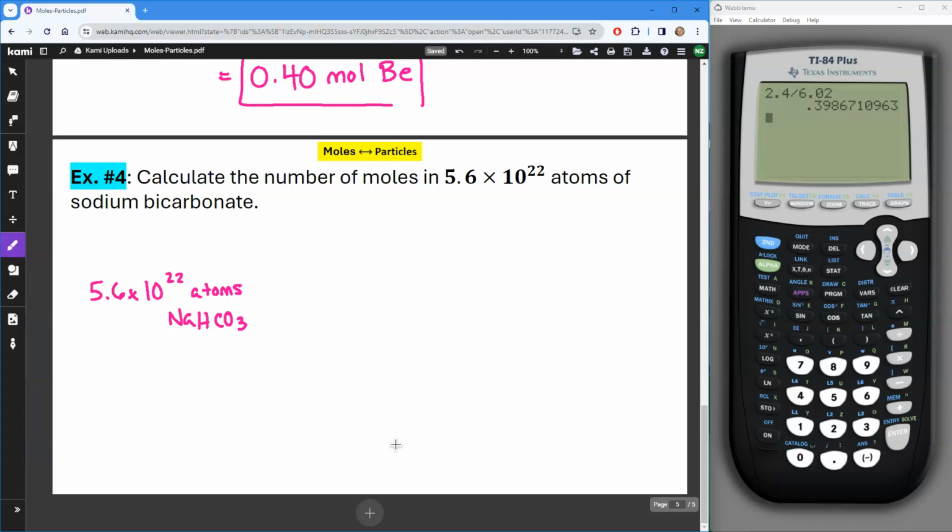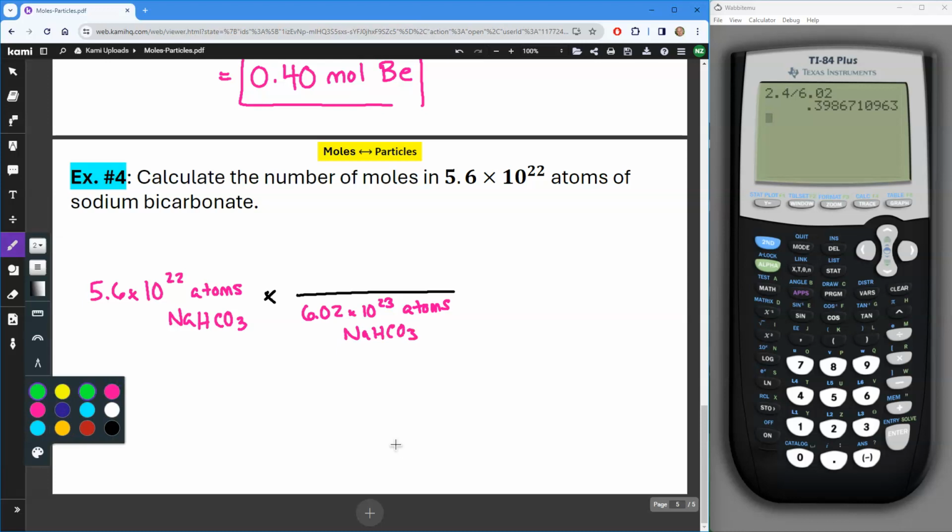You could have written out sodium bicarbonate if you wanted to. All right, and then let's make a fraction. Just like in the previous one, our 6.02 is going to go in the denominator because this is atoms, so this needs to be atoms. That's how many atoms are in 1 mole of sodium bicarbonate.